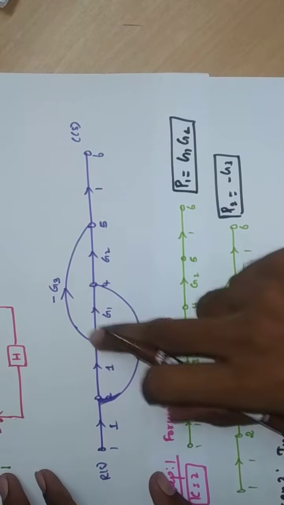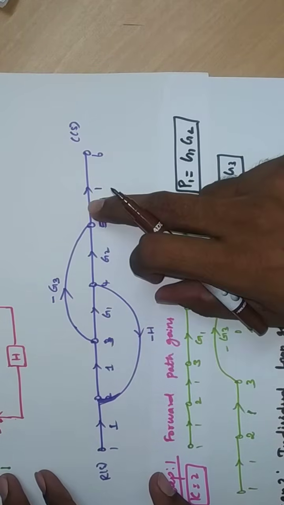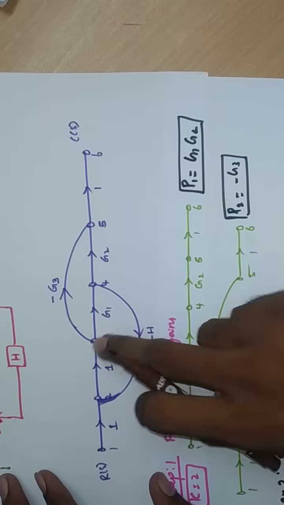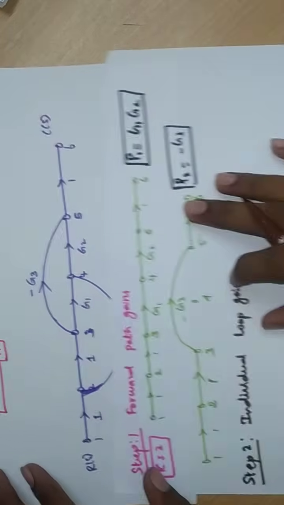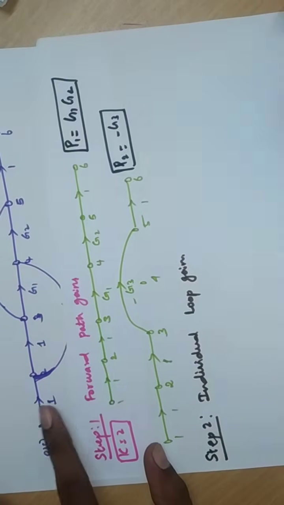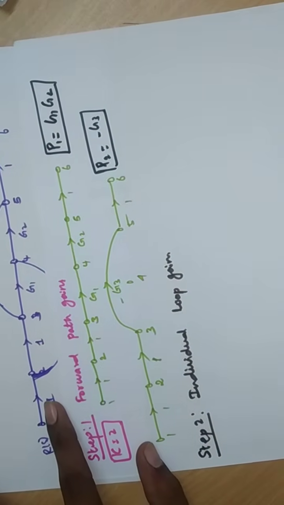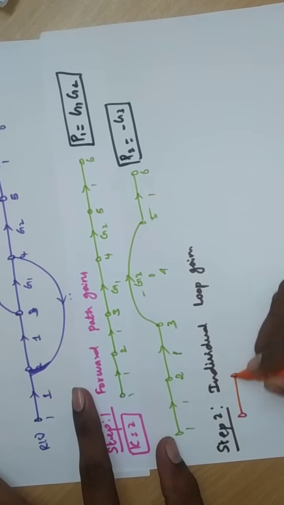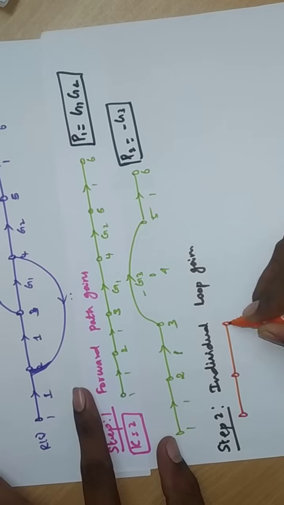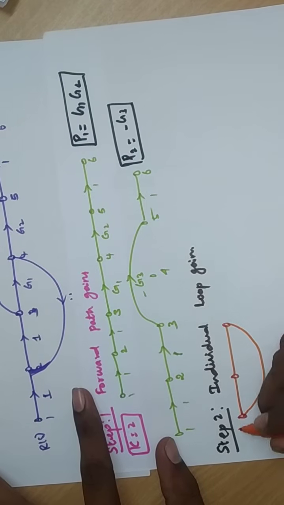This is not a loop: 3, 4, 5, and 5 to 3 it is coming means it is a loop, but 3 to 5 the signal is passing. So the individual loop is 2, 3 and 4, again the signal is coming back to node number 2.